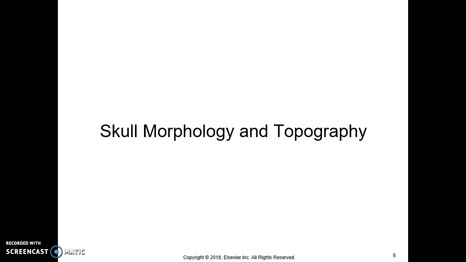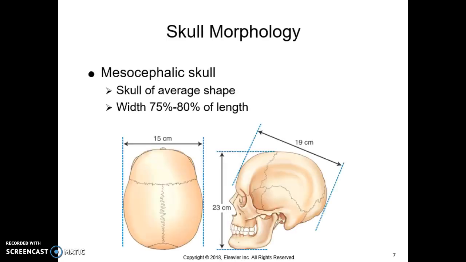We also want to discuss a little bit of the skull morphology and topography. If we were in class, I would try to show you a few different skulls of different body habituses or different skull types.